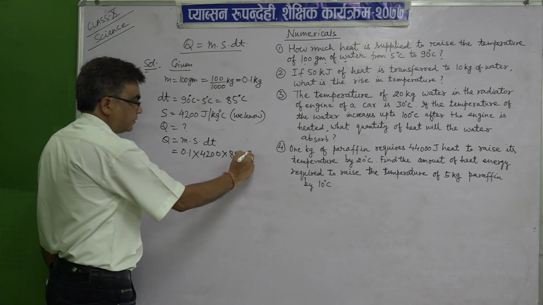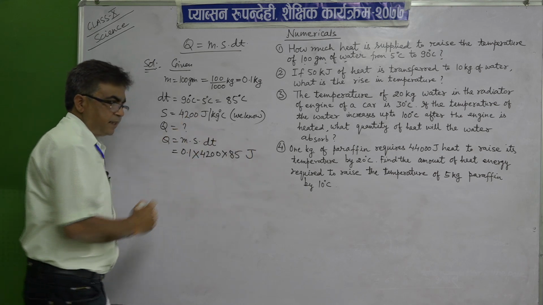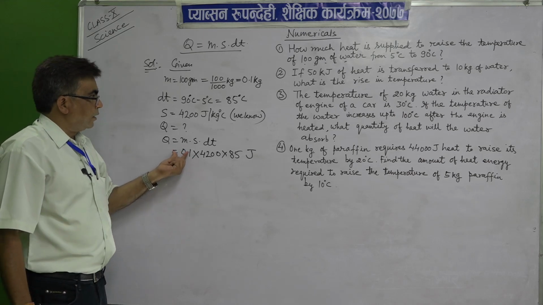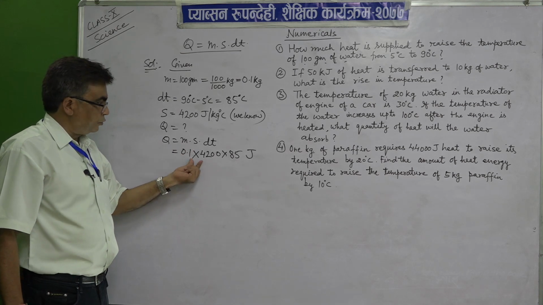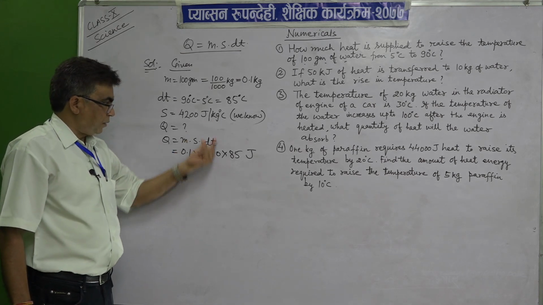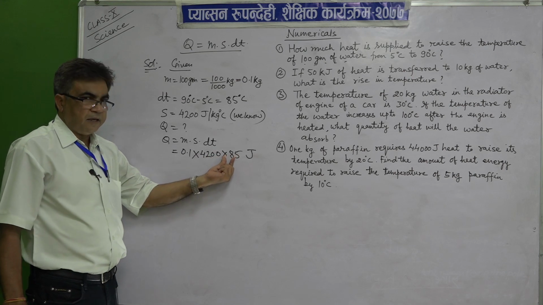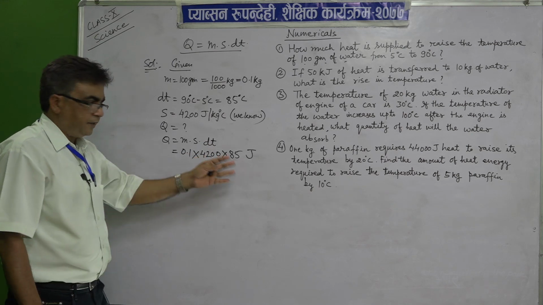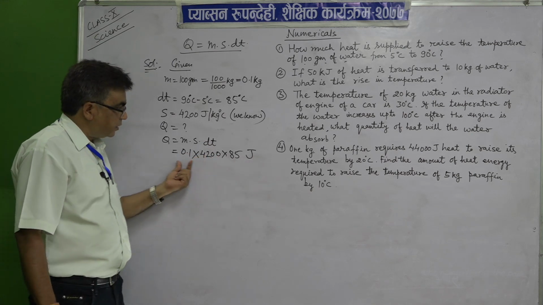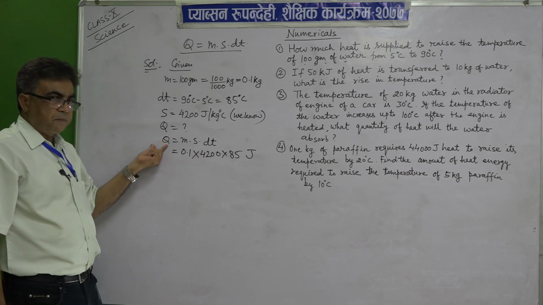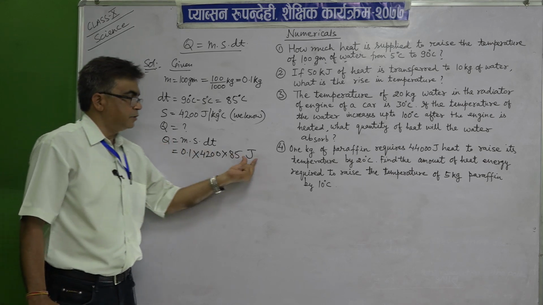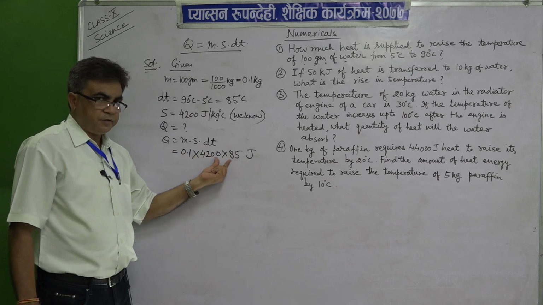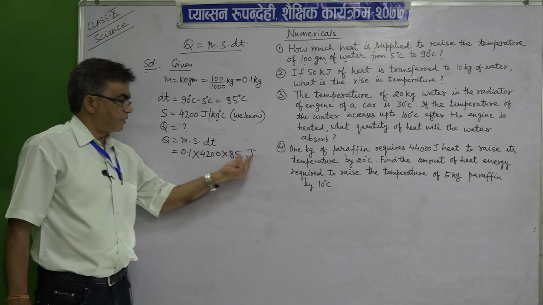You can write directly this much joules of heat energy, J. If you wish, you can write 0.1 kg into 4200 joules per kg degree centigrade into 85 degree centigrade, and ultimately the units will cancel and only J will remain. Or you can write J directly, because the SI unit of Q, that means heat, is joules.